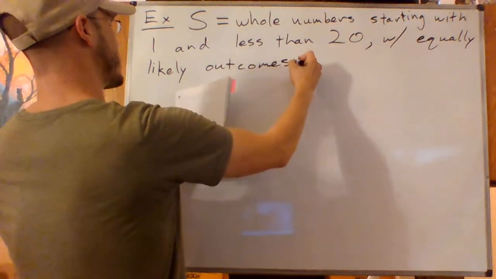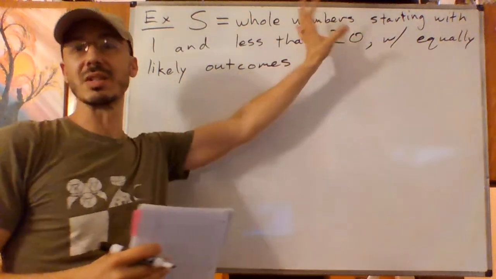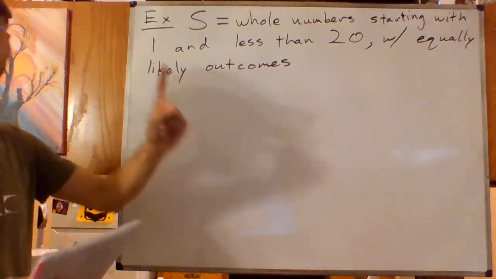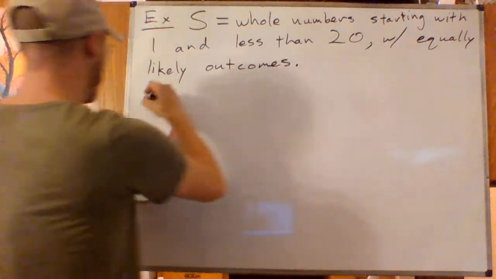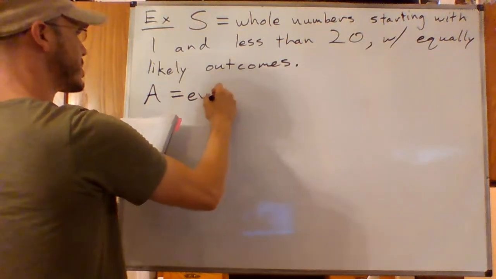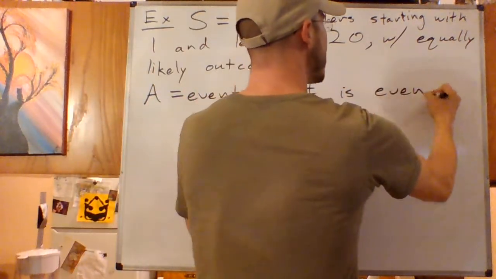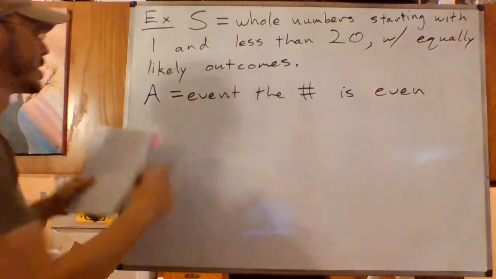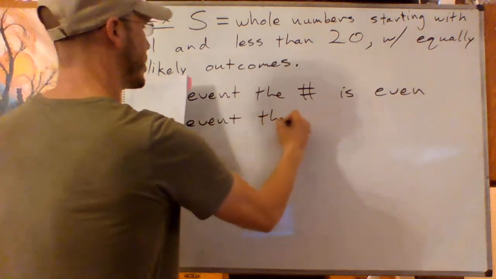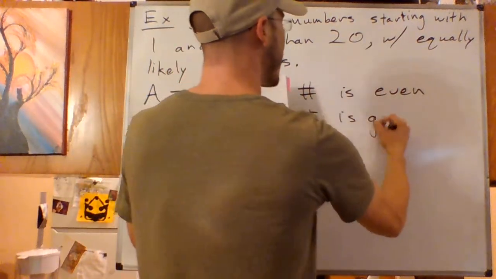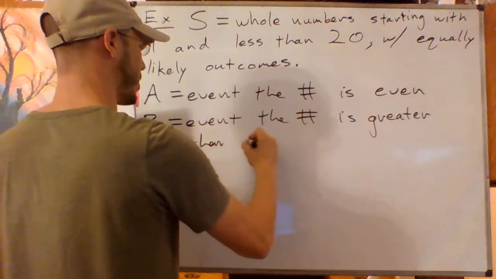And I am going to write this in set notation as a list, but that'll be actually part of the problem. The other thing is A is the event, the number is even, so an even number, and then B is going to be the event, the number is greater than 13.